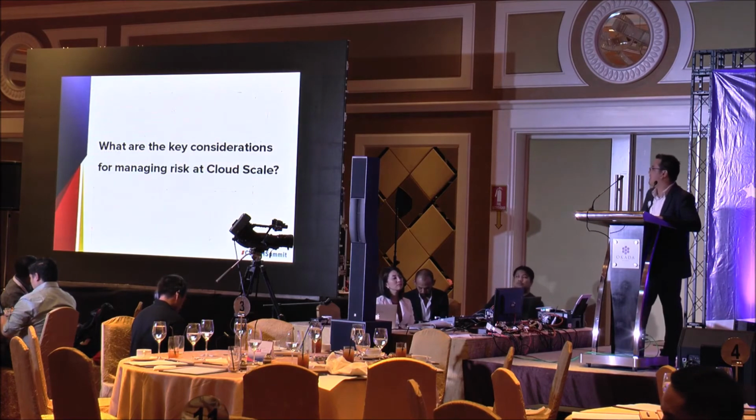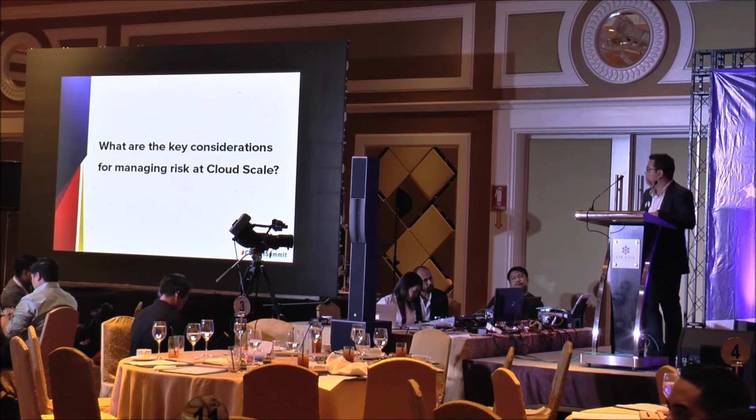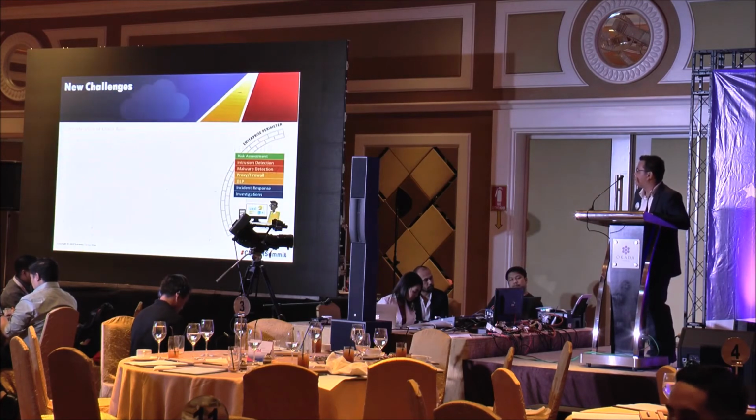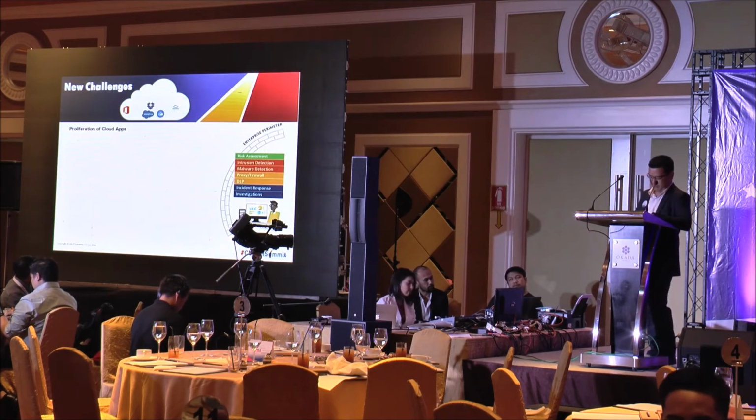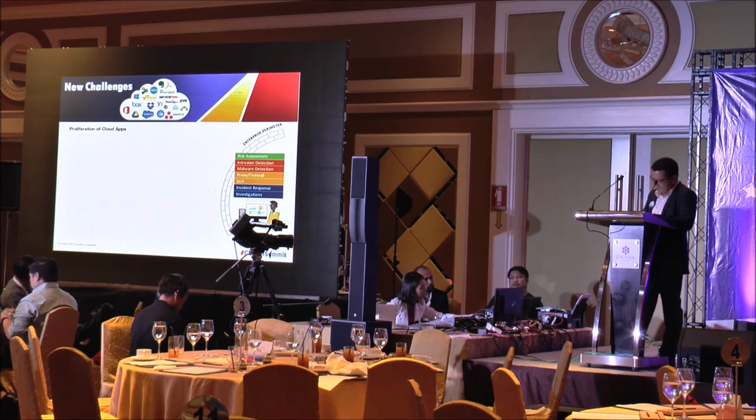So what are the key considerations for managing risk at cloud scale? We basically live in a world where individuals have multiple devices and are accessing from everywhere, and especially with the proliferation of cloud applications.